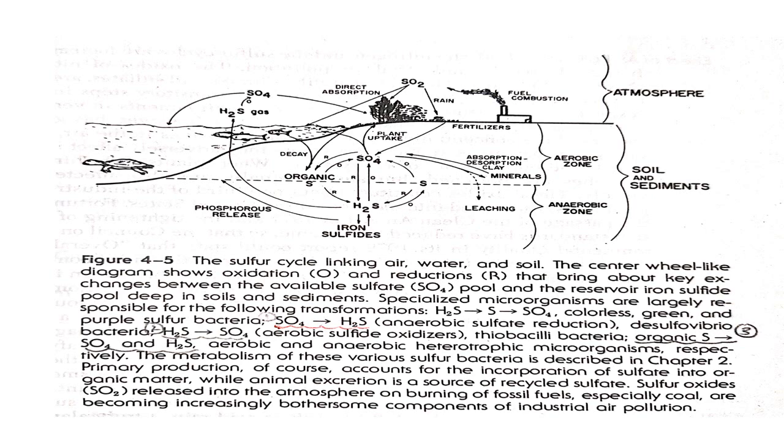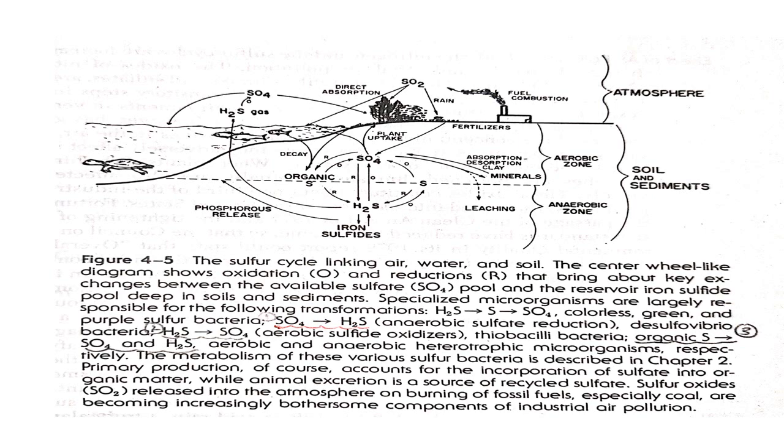The sulfur is being reduced for the production of hydrogen sulfide, and hydrogen sulfide is also converted into iron sulfide, and it is also being oxidized to produce sulfates. As we have discussed in our previous slide, most of the sulfur is available in the form of sulfates. So sulfates are very important.